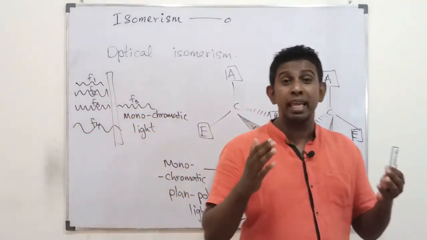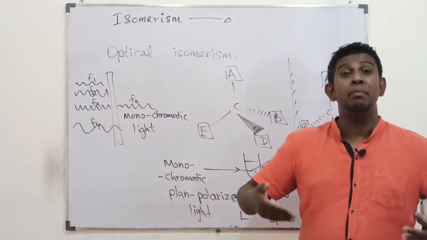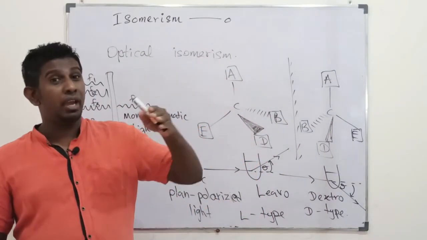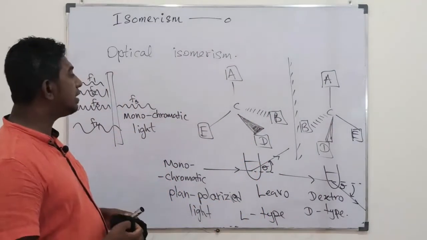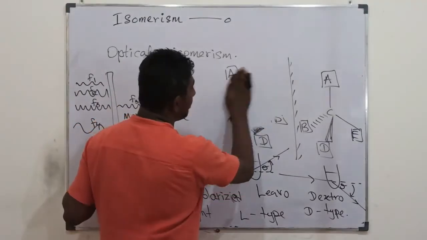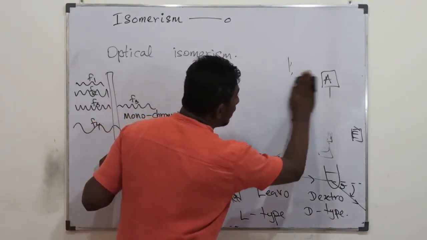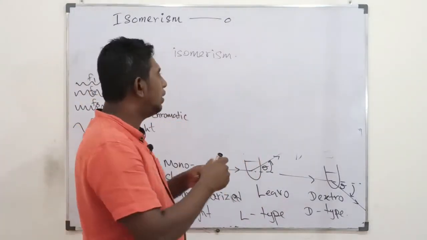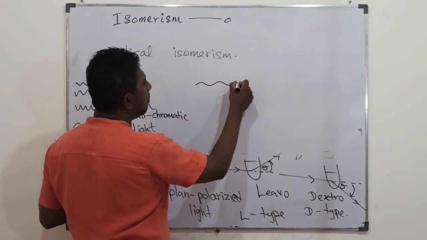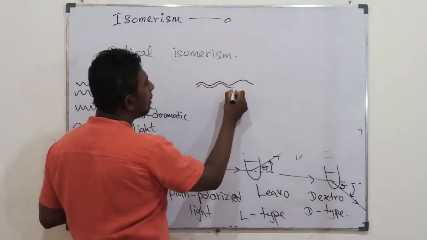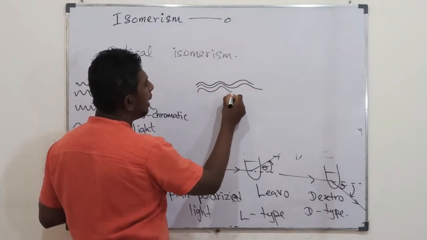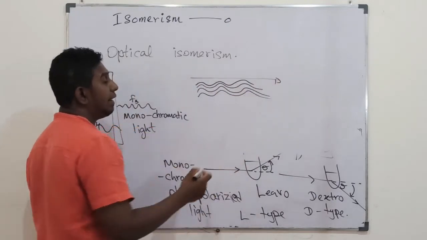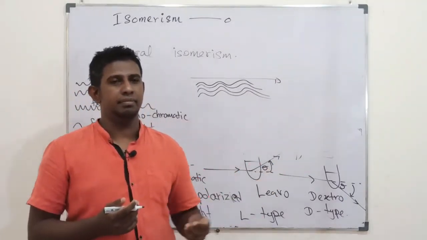Then what is that plane polarized thing, or plane polarization? Students, light waves could come from various different directions at a time. Normally we call a beam parallel if all the waves are parallel to one another and traveling in the same direction.